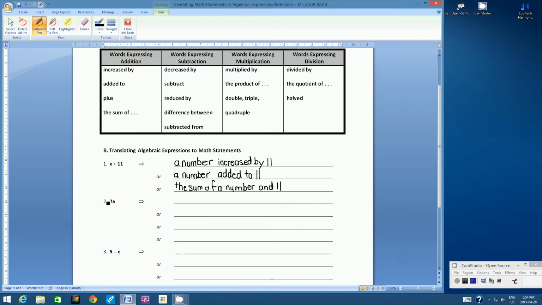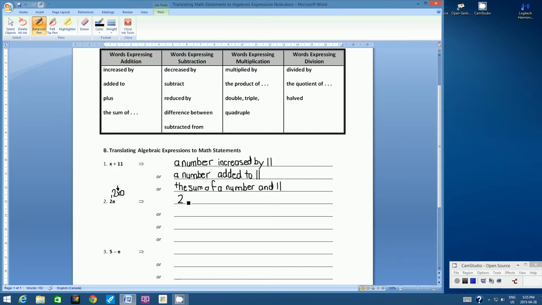All right, let's go on to 2a. So, example 2, which is 2a. Now remember, 2a means 2 times a. This times symbol is invisible. Okay? So it's multiplication. So let's look for words expressing multiplication. So the easiest way to write this is probably, we always start with the most basic way.